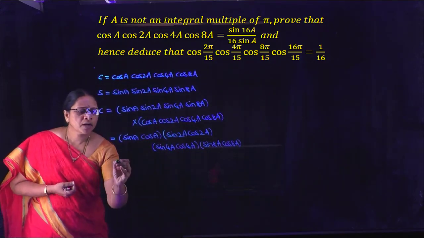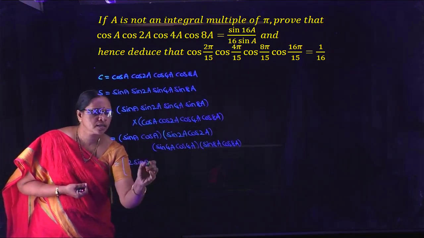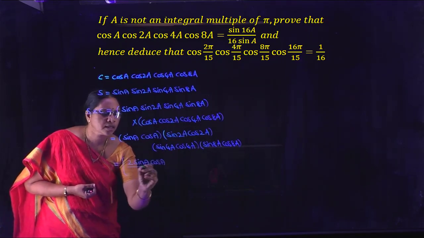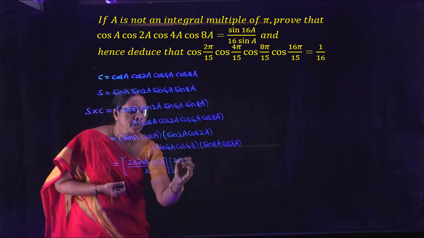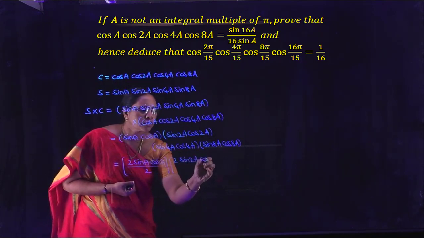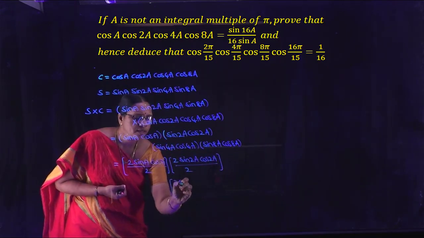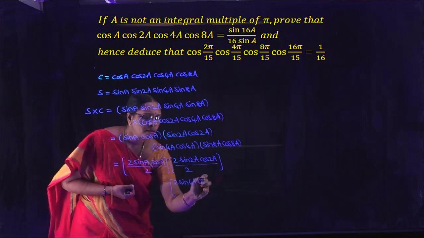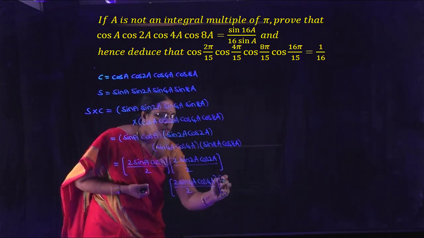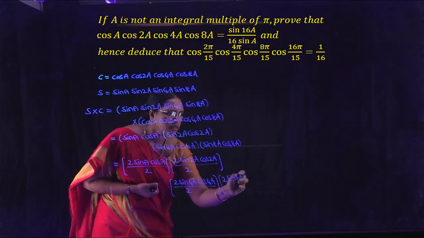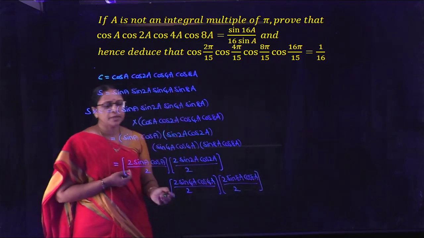Now multiply and divide by 2 in each bracket, we get 2 sin A cos A by 2 into 2 sin 2A cos 2A by 2 into 2 sin 4A cos 4A by 2 into 2 sin 8A cos 8A whole divided by 2.